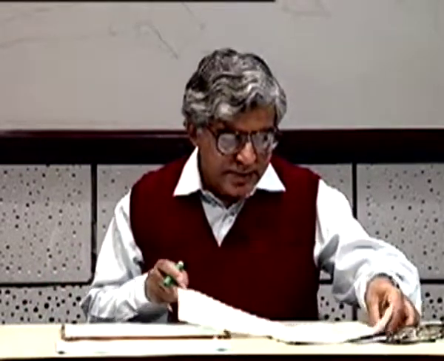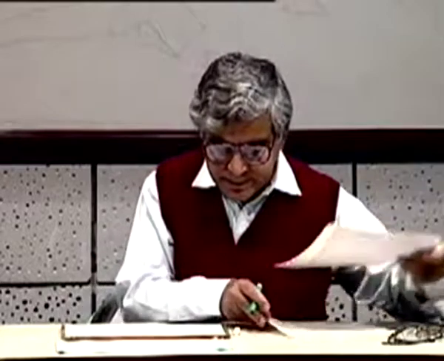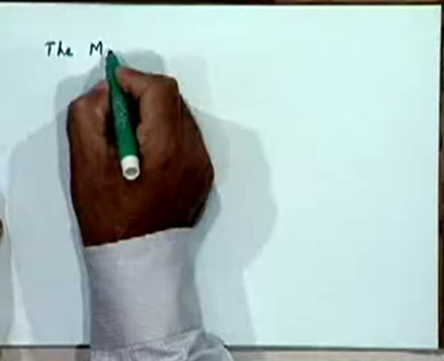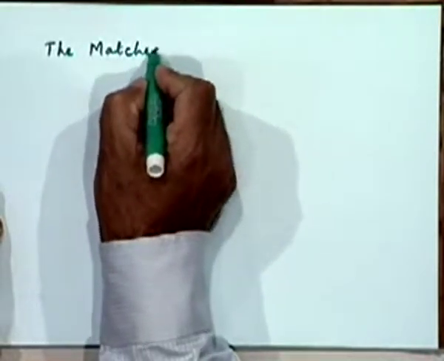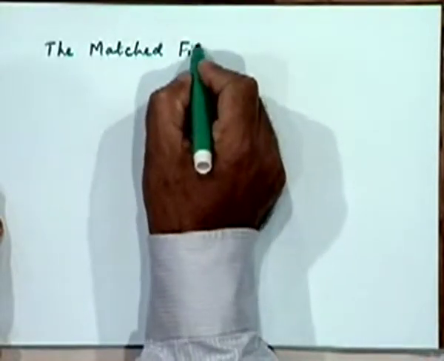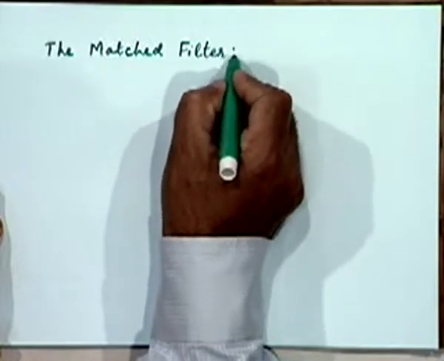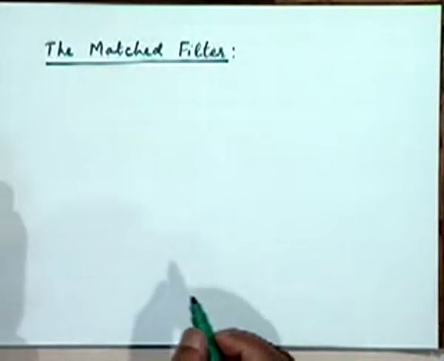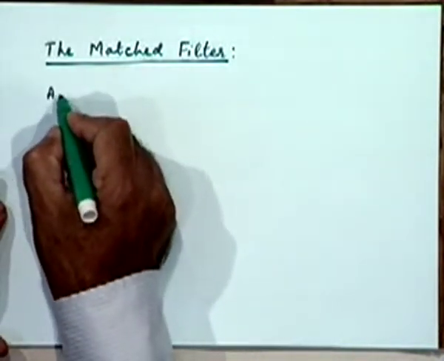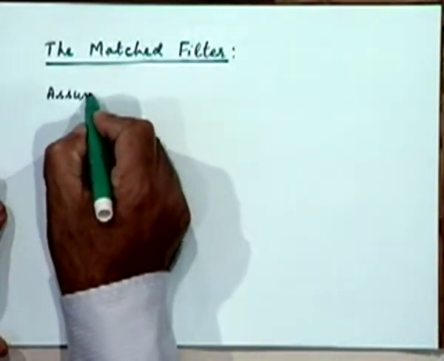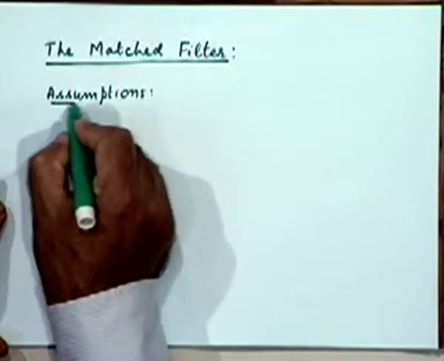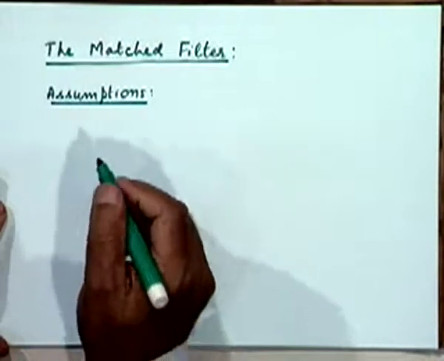So that brings us really to the concept of match filter, and we'll study that in some detail now. We have been talking about it off and on at various places in the past, and I'll start by writing down a few assumptions regarding the signal and noise.